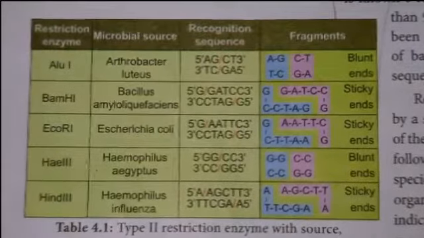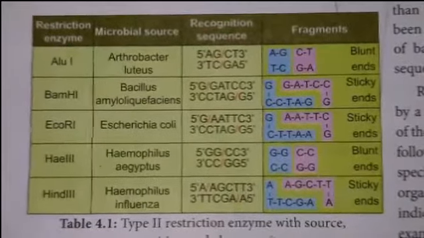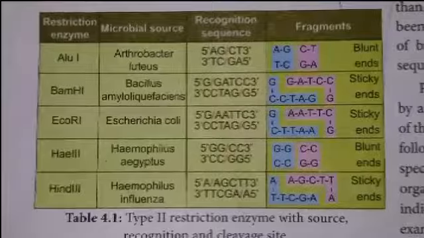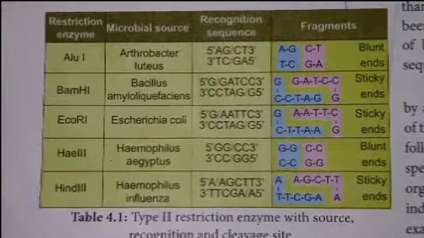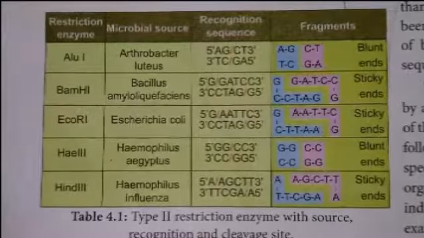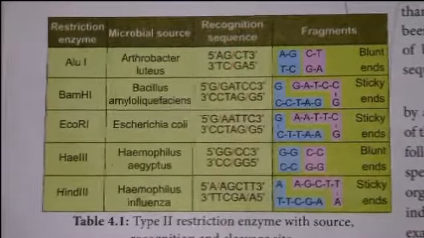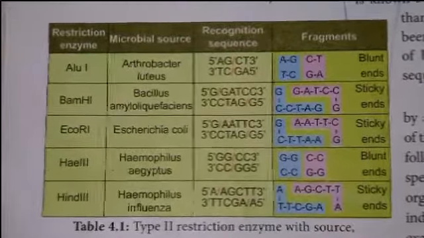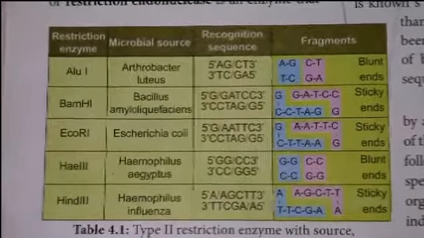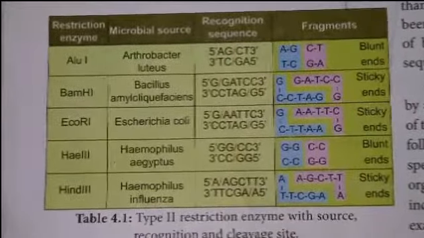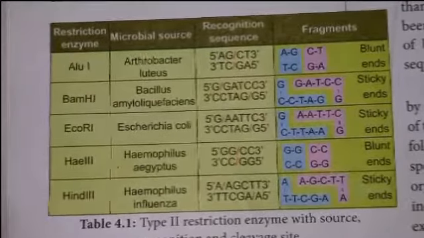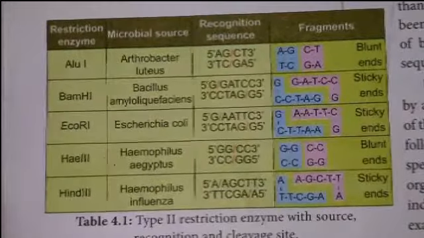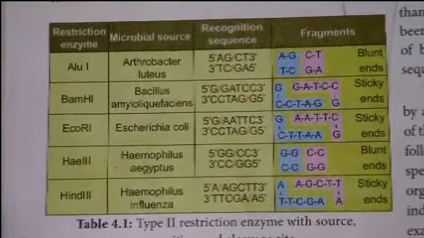So the end is blunt in nature. BamHI comes from Bacillus amyloliquefaciens. The fragments are sticky ends. EcoRI, from E. coli bacteria, also cuts at sticky ends.